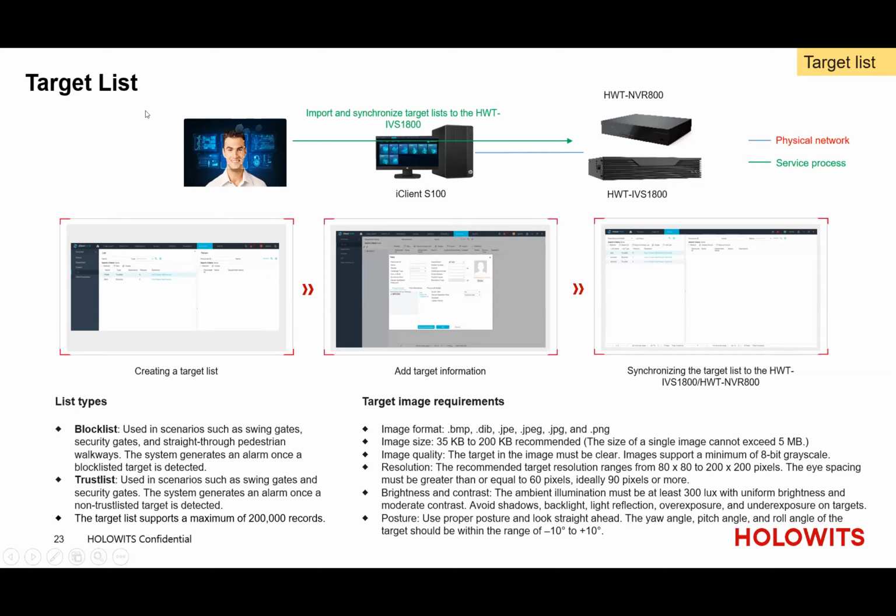This page is about target search. In fact, this is mainly based on the application of face recognition, which means by recognizing the face, the feature of the whole face is extracted.